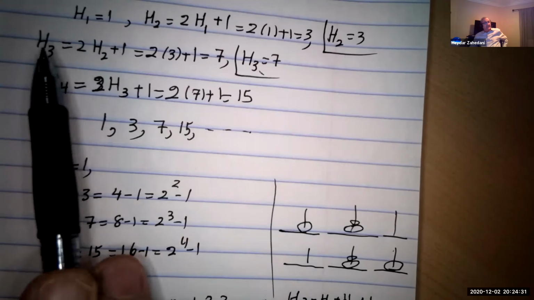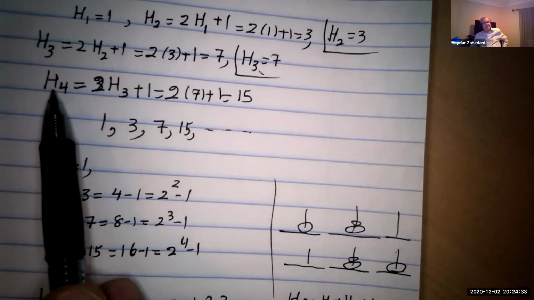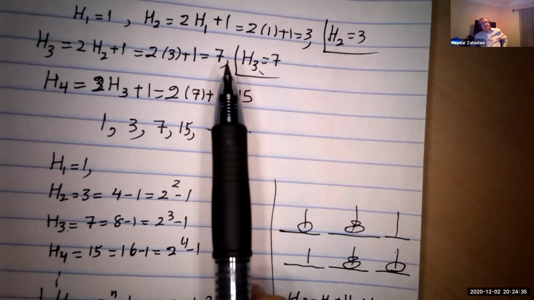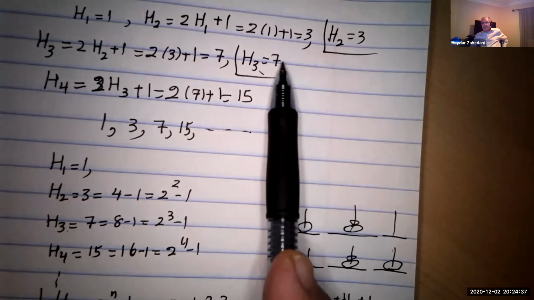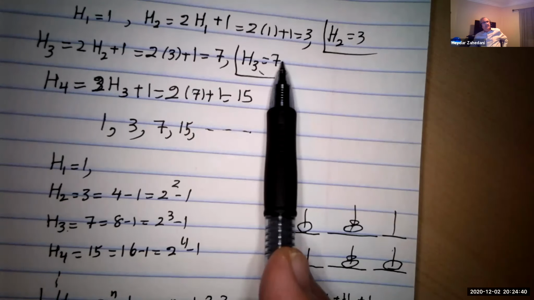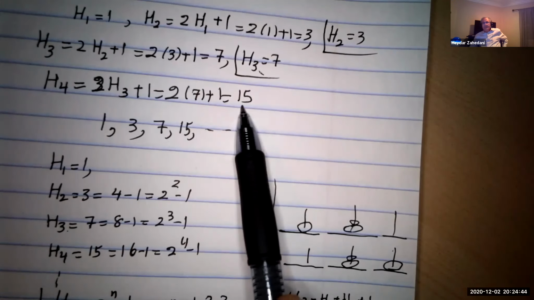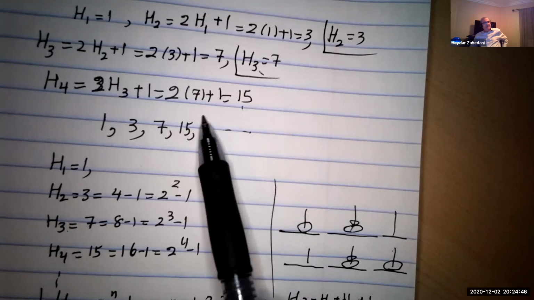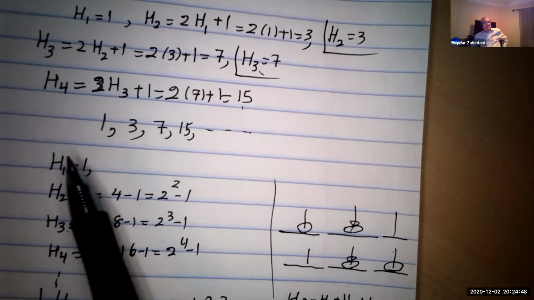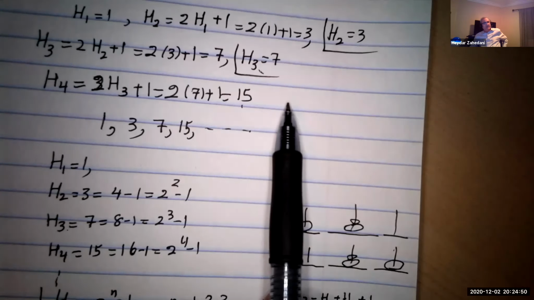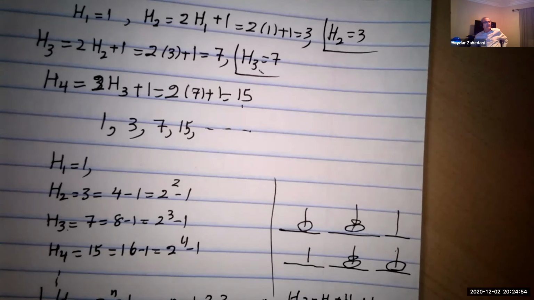You isolate the bottom one, so you move the bottom one to the other peg. The 1 and 7 would be 8, and you need 7 movements to come back. So that gives you 15: 7 plus 7 plus 1, 15. If you want to do the next one, it's the same thing, 15 and 15, 30, and 1 is going to be 31.